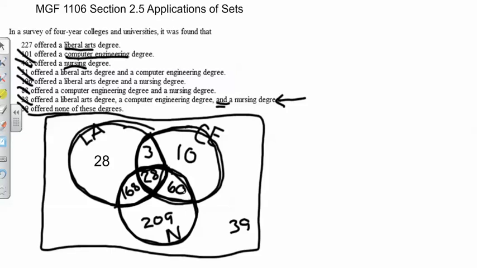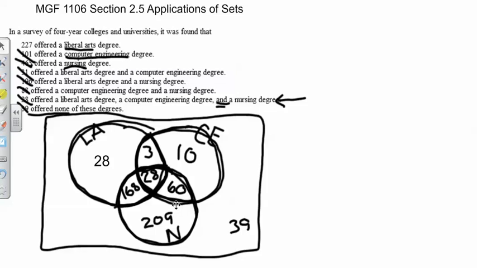We would total those cardinal numbers up to get the number of colleges that offered liberal arts or computer engineering degrees. If they asked how many colleges offered a computer engineering degree and a nursing degree, well, and means intersection. So computer engineering and nursing would be the 28 and the 60, which would be 88.